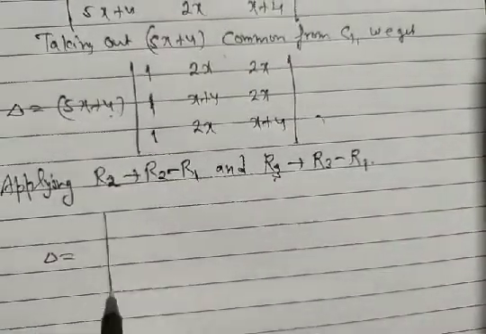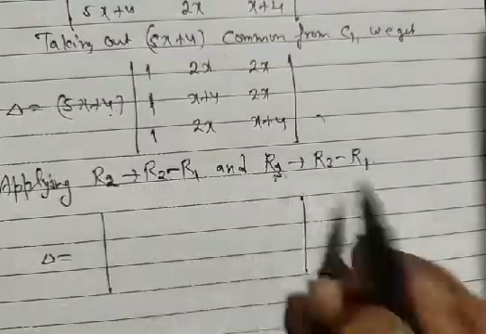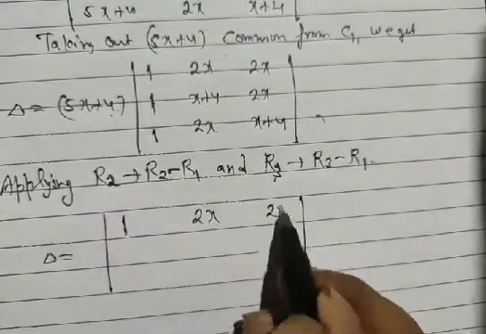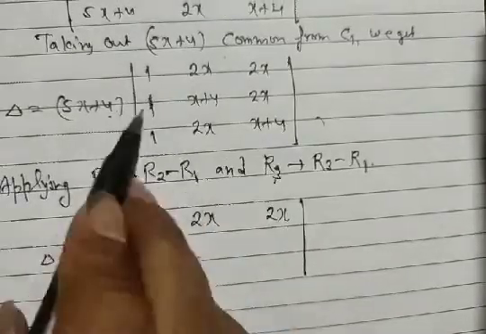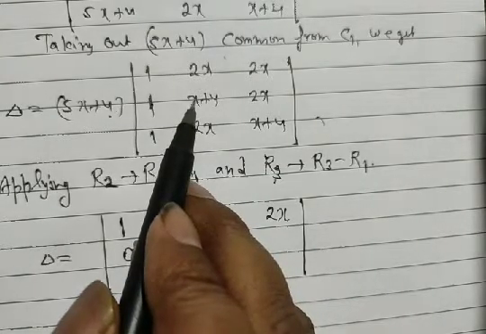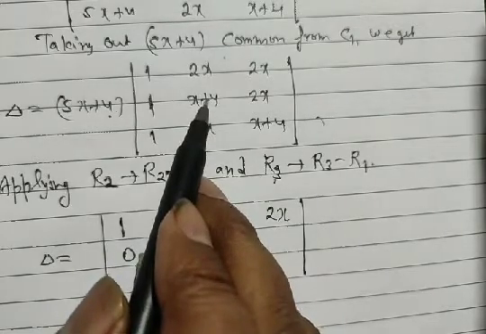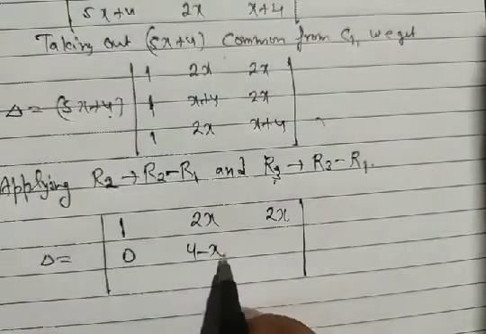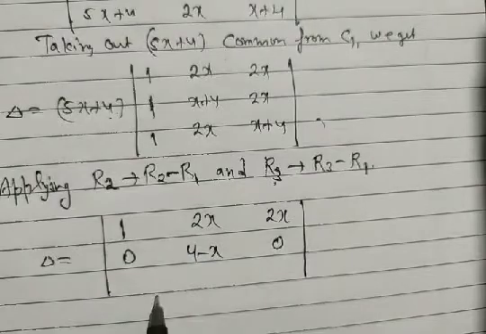Now the change in the determinant's elements is what? There is no operation in R1, so we write down R1 as usual: 1, 1, 2x. Now there is an operation in R2, R2 minus R1: 1 minus 1 is 0, x plus 4 minus 2x gives 4 minus x, and 2x minus 2x is 0.